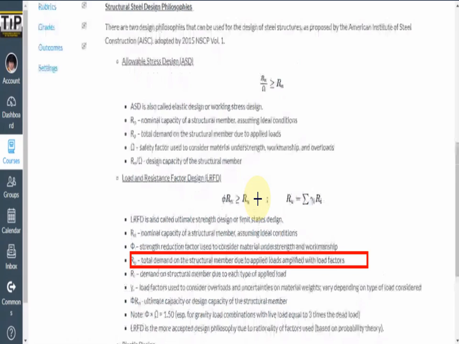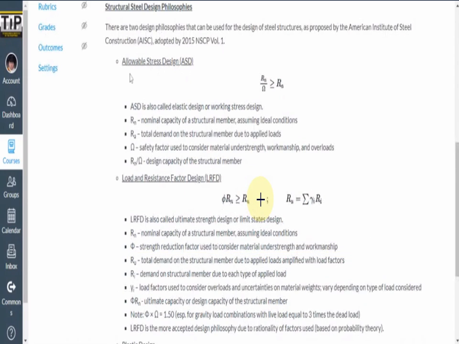Now you may ask, which one of these philosophies may give a larger section? For example, you design a beam using ASD and you design the same beam using LRFD. Which of the philosophies would you expect to give a larger section?